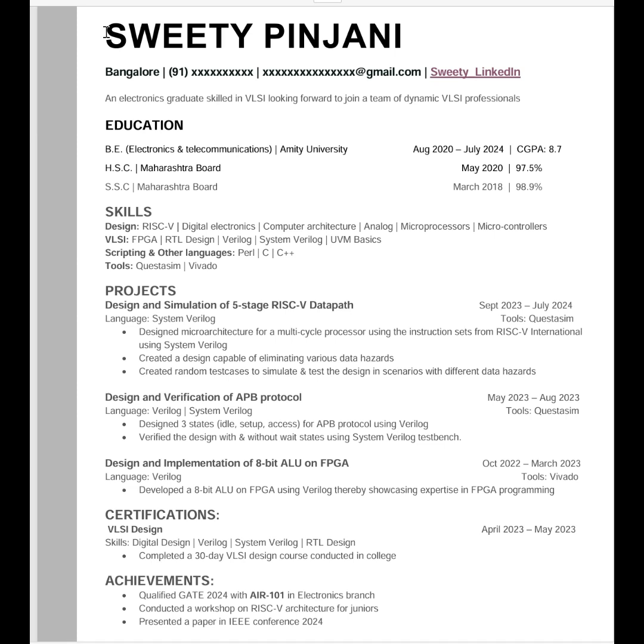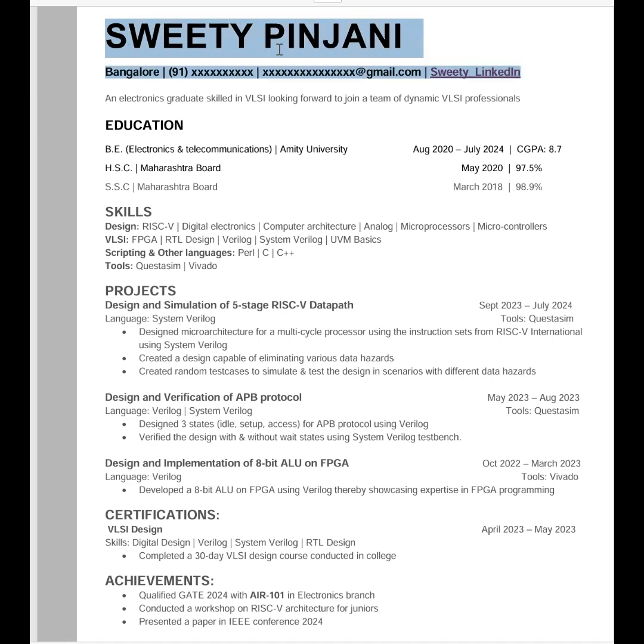Let's go through each and every section of the resume and then I'll explain how they are formatted and how the information is mentioned in each and every format and how you should take it further. Let's get started. First section always is your name and the contact details.